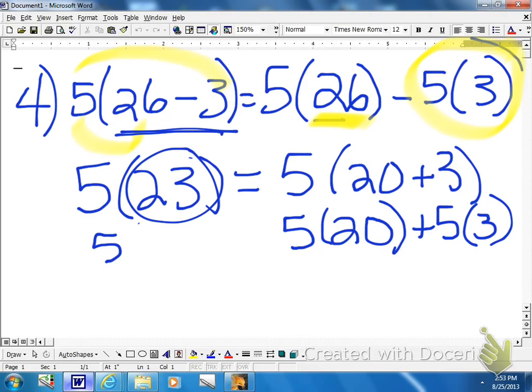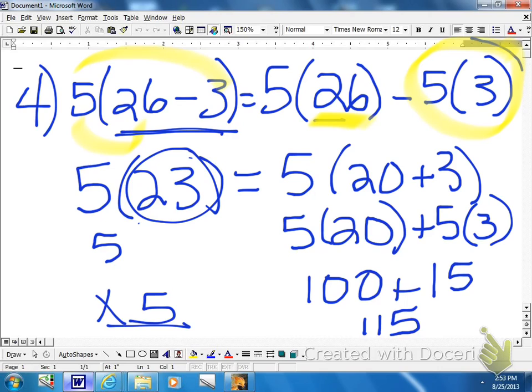Go ahead and solve that in your head, because you can figure out 5 times 20 is, well, 5 times 2 is 10 plus my 0, that's 100, plus 5 times 3 is 15, I get 115. No calculator, no setting it up 5 times 23. I do not want to see that on your paper at all. We're doing mental math here. We're using the distributive property to solve this in our head.